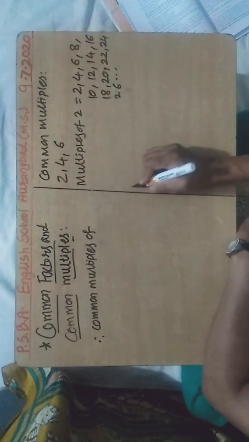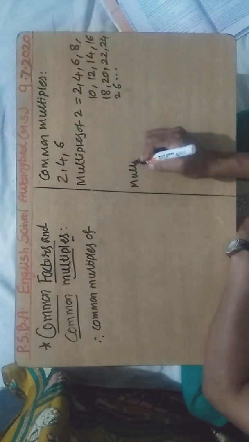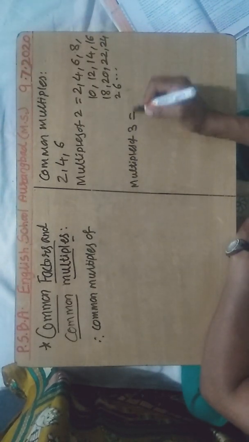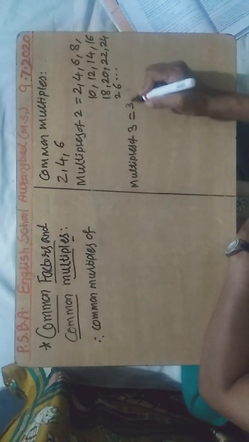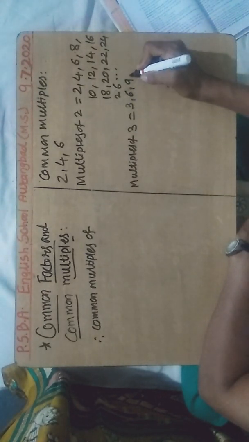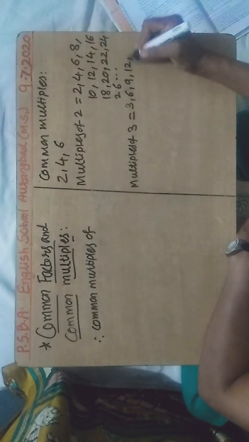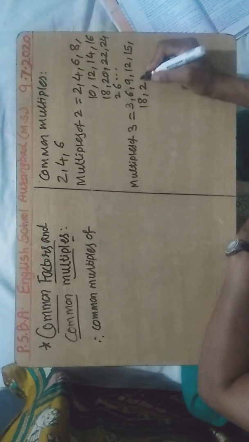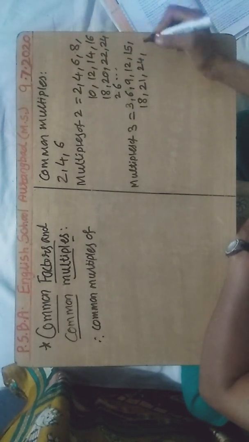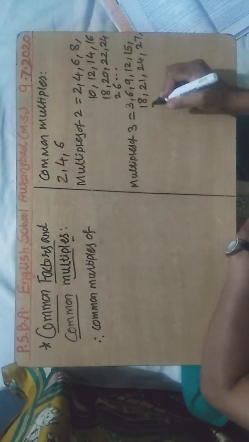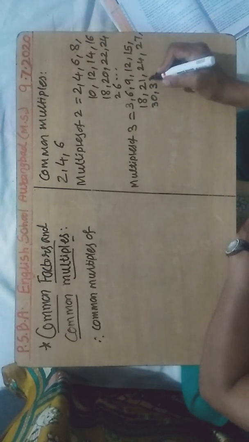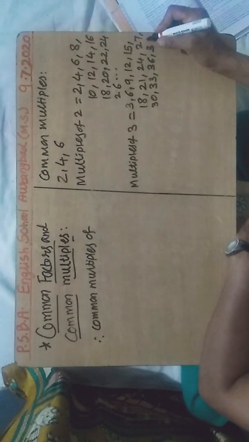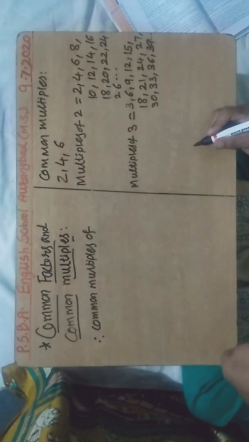Right? Now multiples of 3 are 3, 6, 9, 12, 15, 18, 21, 24, 27, 30, 33, 36, 39 and so on. Right?